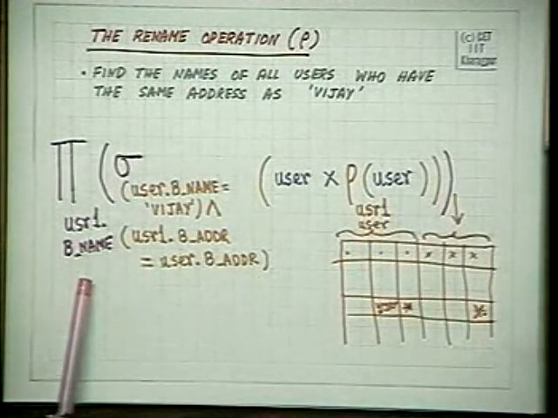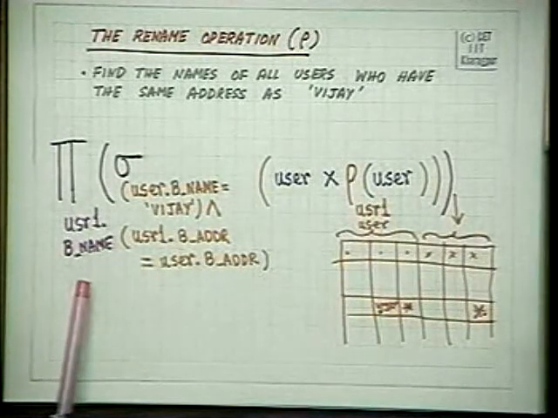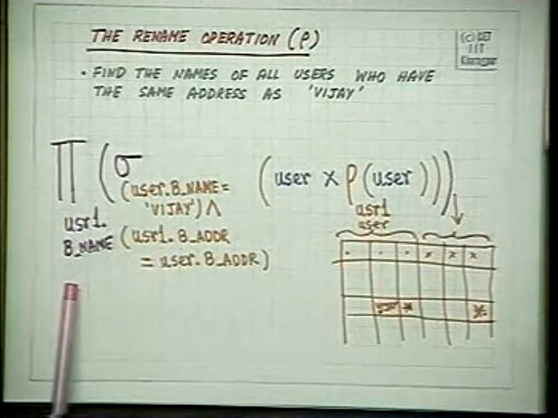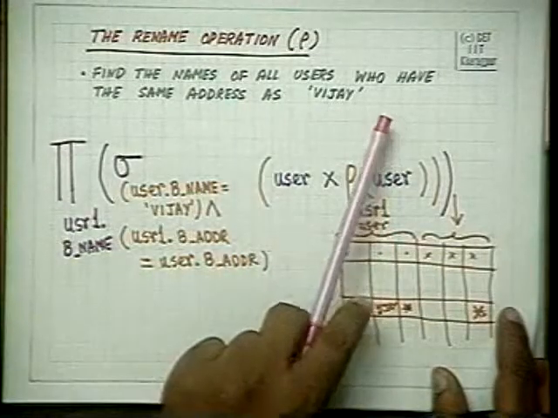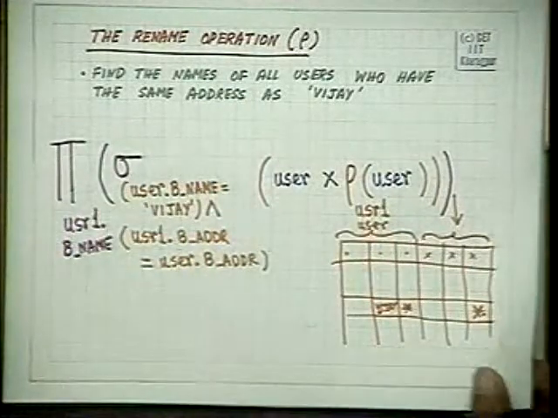Not that Vijay's name will not come; Vijay's name will also come. So using the rename operation, we have been able to find out all users who have the same name and address as Vijay.